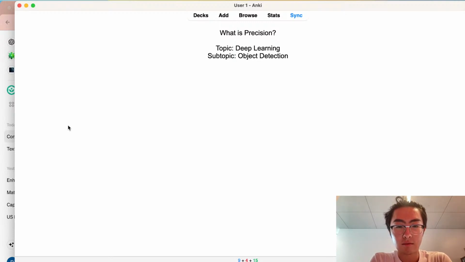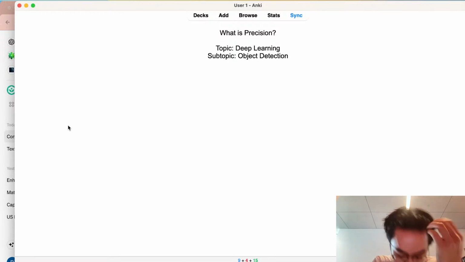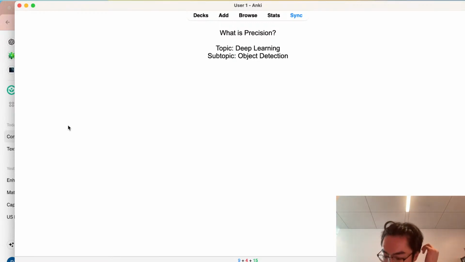So usually with high recall, you tend to have lower precision. No, actually, maybe that's not right, but let me try to reword this. So what I'm thinking in my head right now is you have a Venn diagram or a circle. A circle is split in half, right?